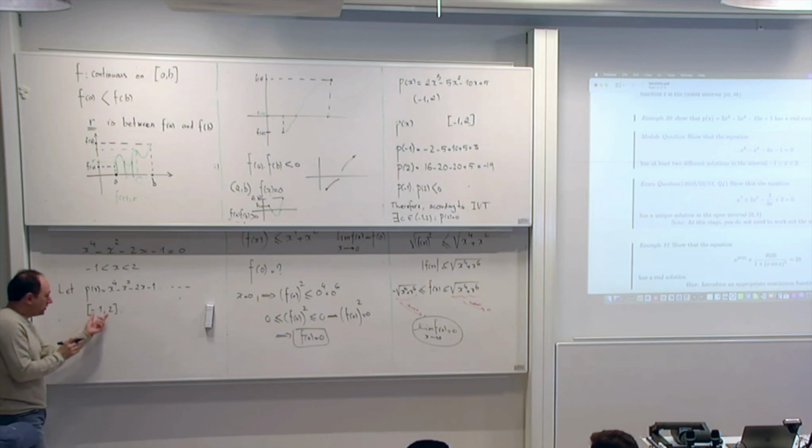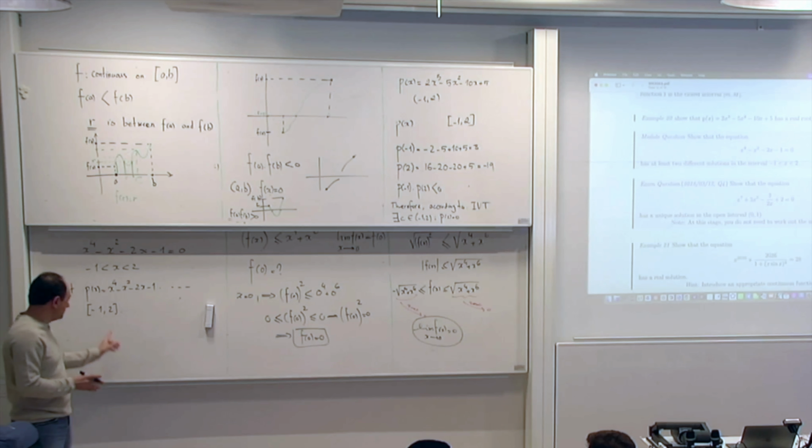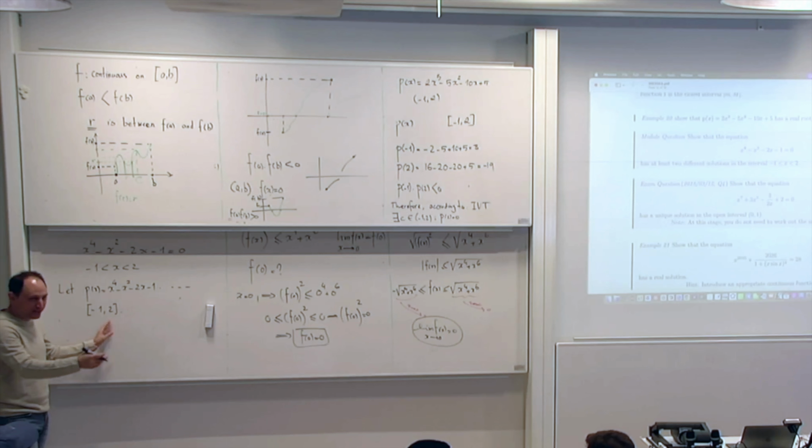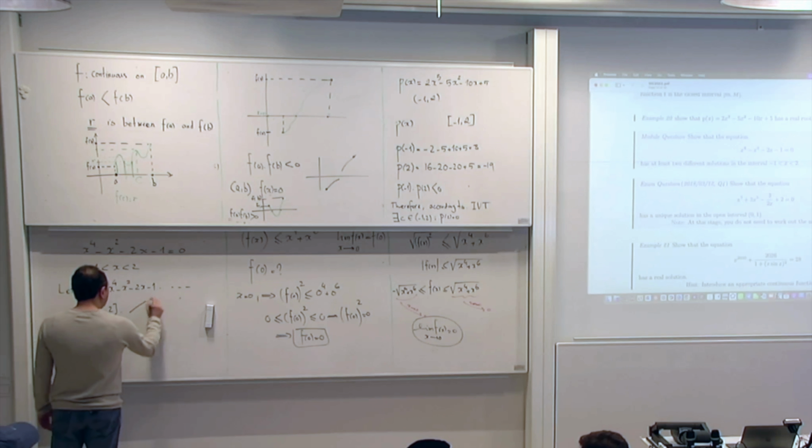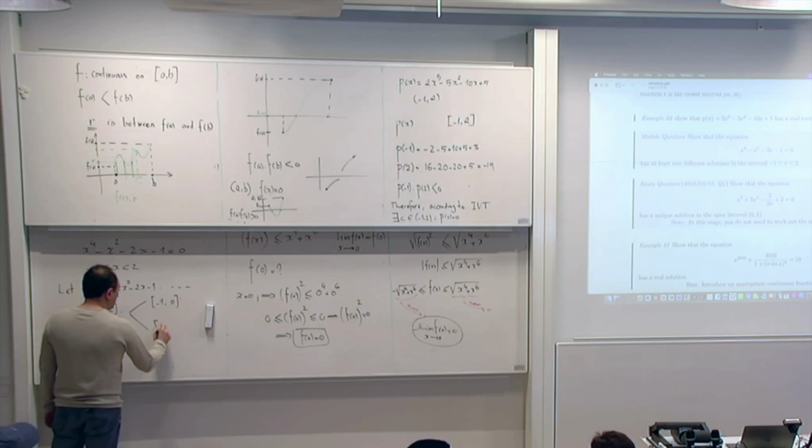If you want to split this interval into two pieces, what is the most natural number that comes to mind to split? Negative 1, 0, and 0, 2. If it works, you are done. If it doesn't work, you have to do some trial and error. Yes? So it means that I divide this interval between -1 and 0, and between 0 and 2.